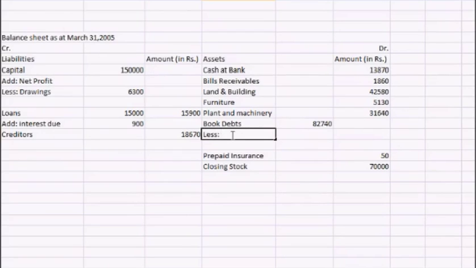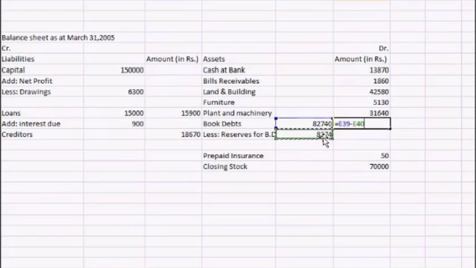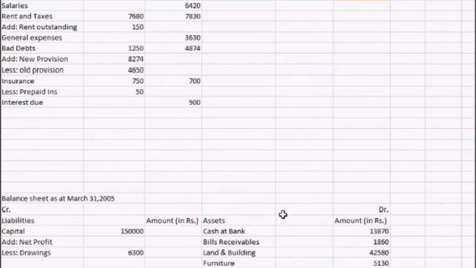So we have reserves for bad debts, and what we have here is 8274. So the amount would be this deducted from this. So now we are done with all the adjustments.